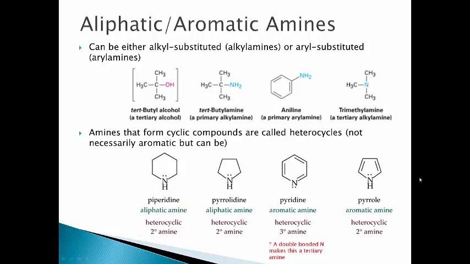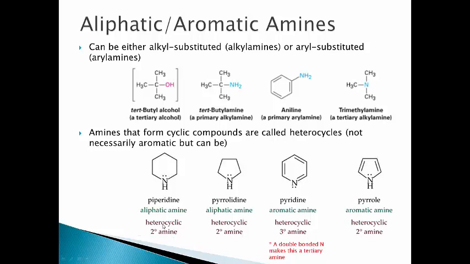Amines that can form cyclic compounds are called heterocycles. They're not necessarily aromatic, but they can be aromatic. Last time we saw some aromatic examples, pyridine and pyrrole, and they are aromatic.